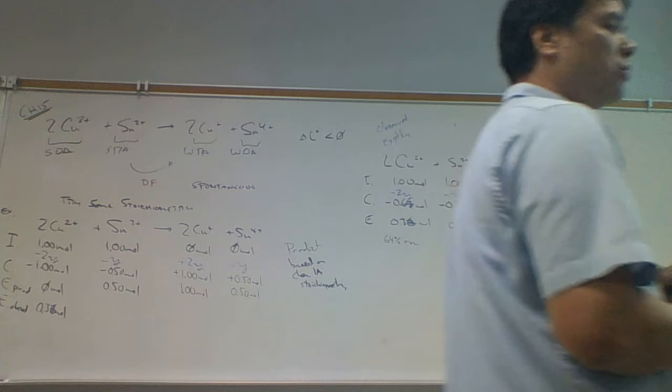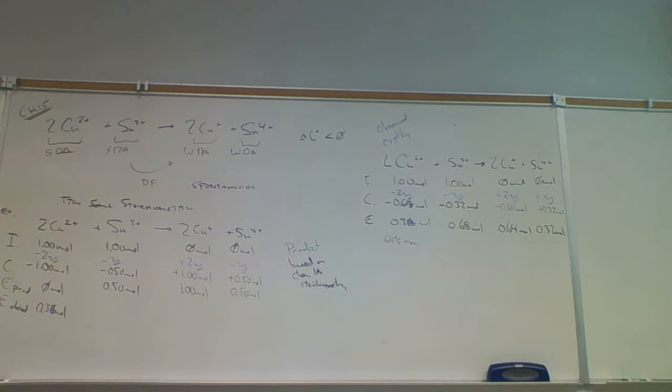Because we predicted there's a driving force for this, right? But the thing is this. When we look at the driving force for this, what page was that on? That was A30.